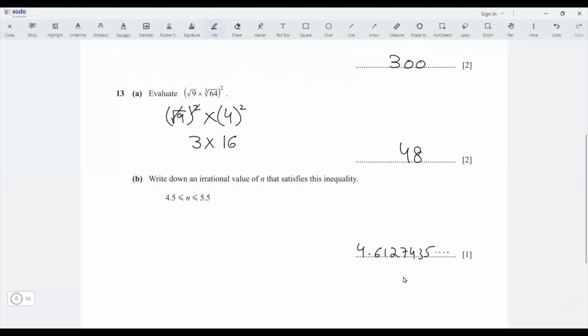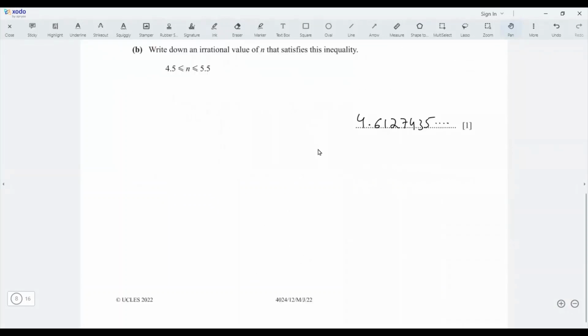There is no sequence, no recurring thing occurring in this type of number. It will be irrational. Any number you write in an irregular manner, non-recurring and non-terminating, by writing down these dots.